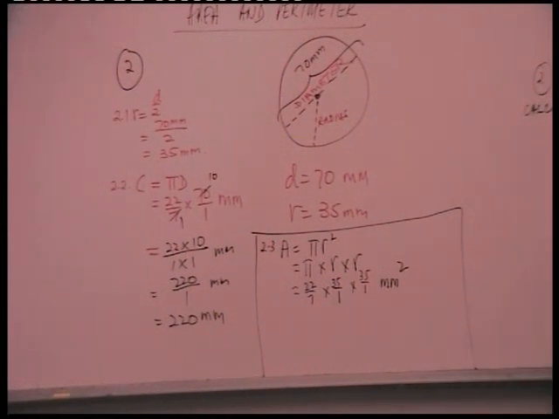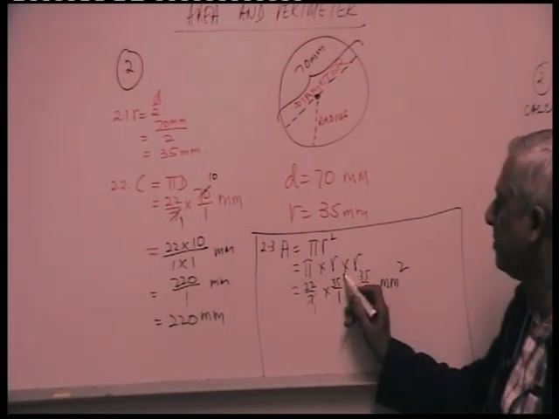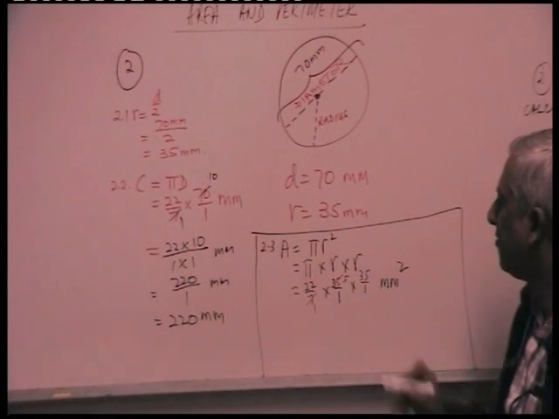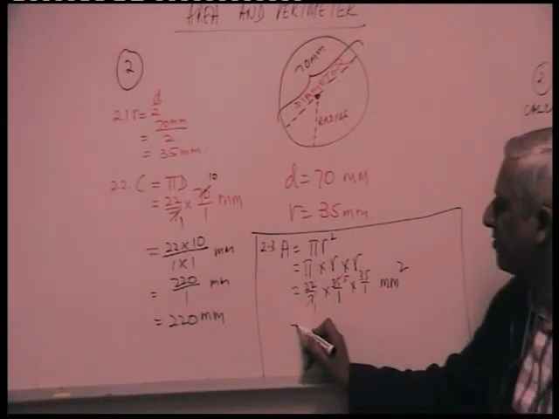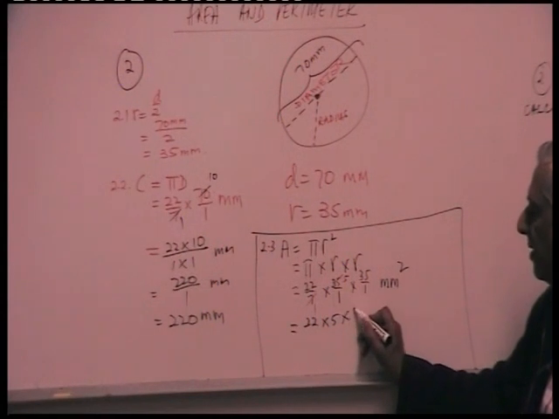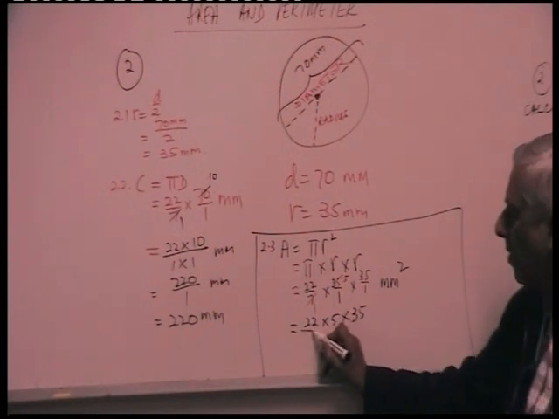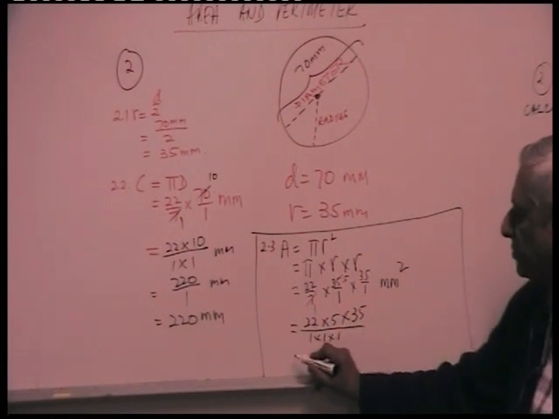Again, you want to know what is dividing. 7 divides here 1 time, 7 divides here 5 times. So you must know your tables. And then what's left on top? 22 times 5 times 35 all over 1 times 1 times 1.